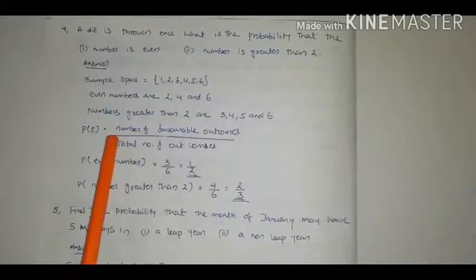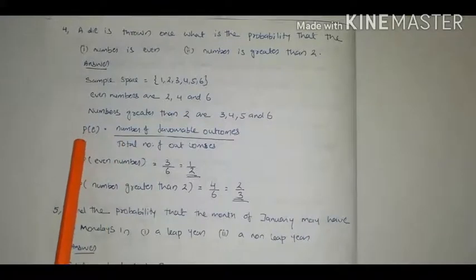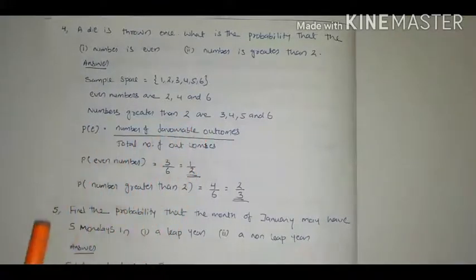The formula is: probability of an event equals the number of favorable outcomes divided by the total number of outcomes. Next, the probability of getting a number greater than 2: 4 numbers are there which are greater than 2, so it is 4 by 6, equal to 2 by 3.